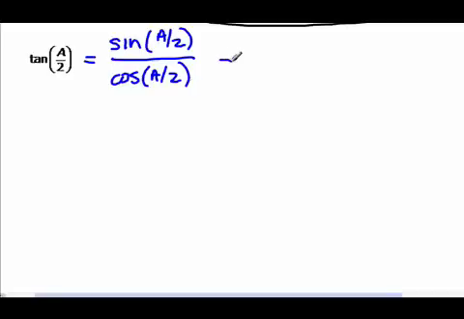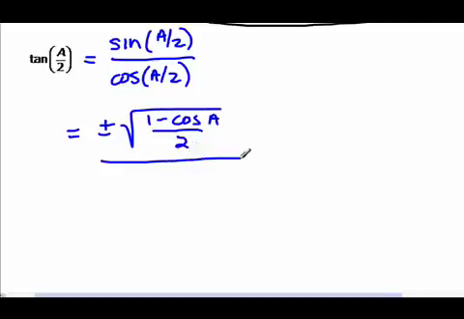So up top, sine would be plus or minus the square root of 1 minus cosine a over 2, over plus or minus the square root of 1 plus cosine a over 2, which is the one for cosine of a half angle.